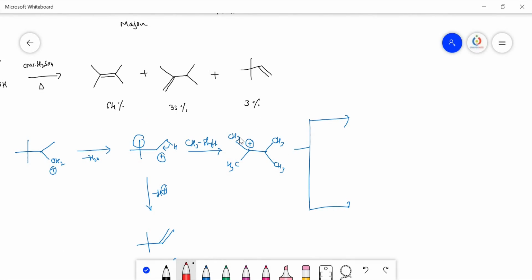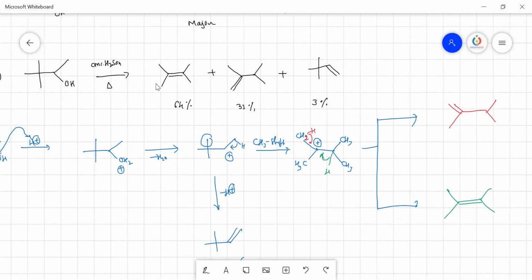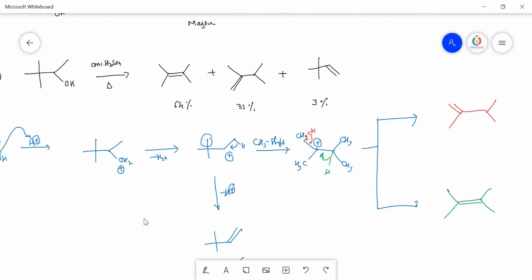If hydrogen is removed from here, then you will get the double bond here and get this product. This 33% is this product. And if hydrogen is removed from here, then you get our major product. I'm using different colored pens for the different products. 64%, 33%, 3%. But basically this is the major product that you have to remember.